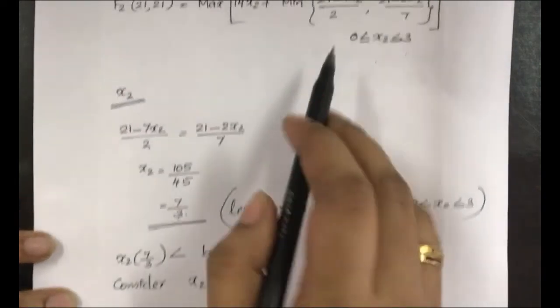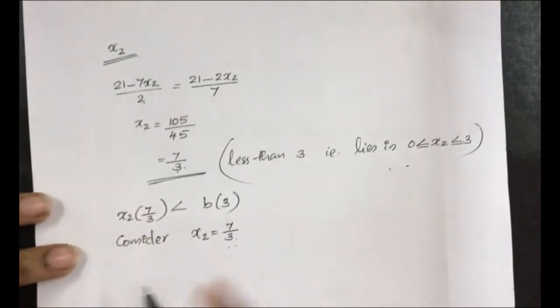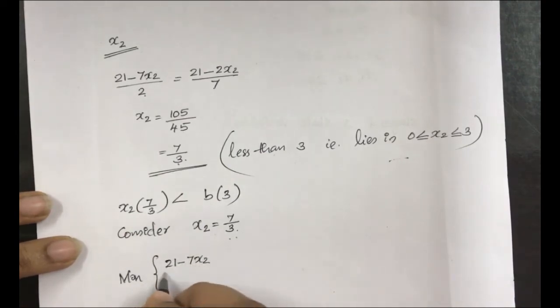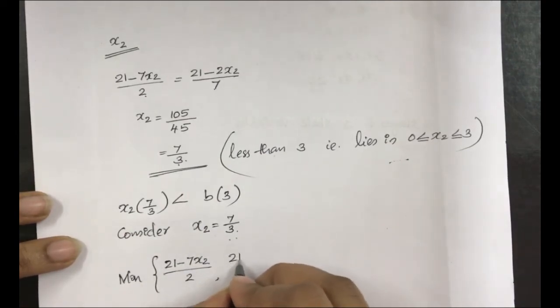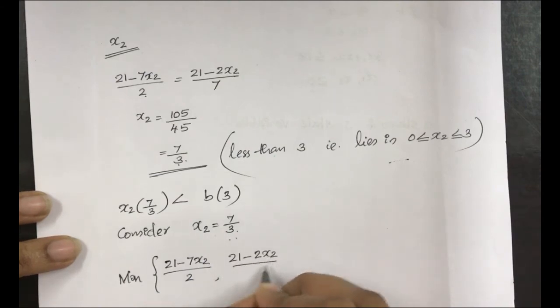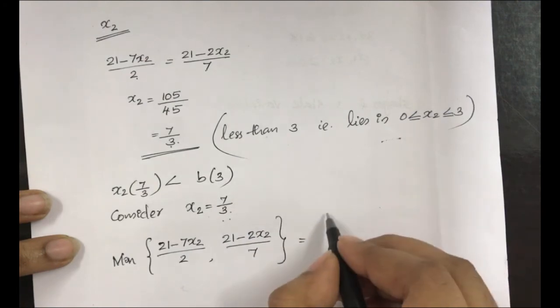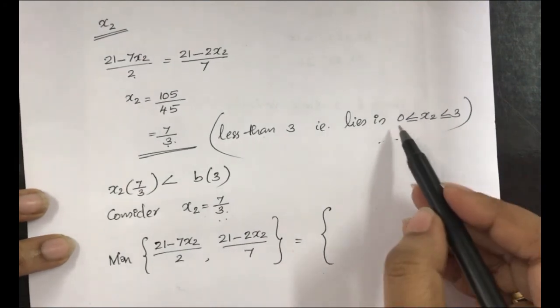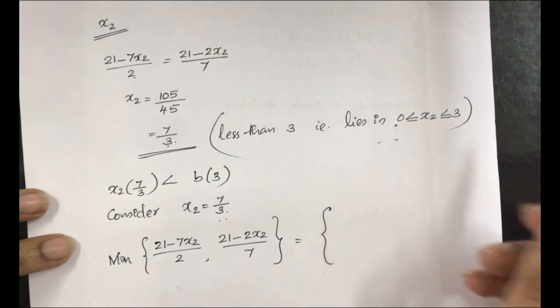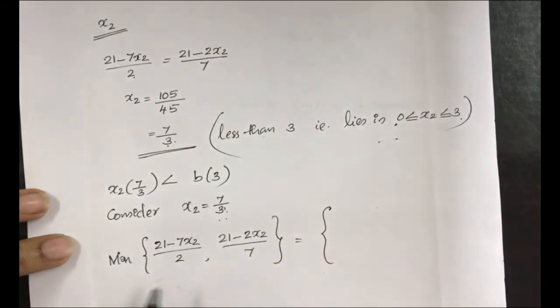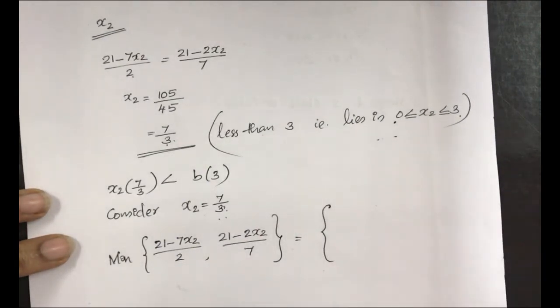So we are going to find the value of the minimum of (21 minus 7x2) by 2 comma (21 minus 2x2) by 7. What are the values? Substitute x2 equal to 0, x2 equal to 3 and x2 equal to 7 by 3 in this function. First I am going to substitute x2 equal to 0.